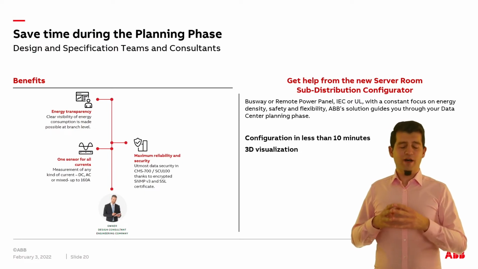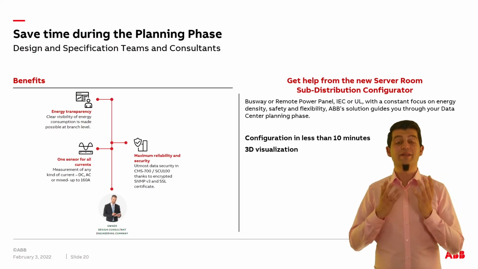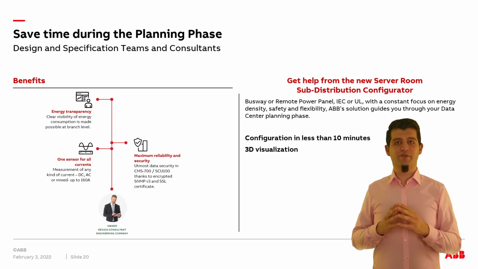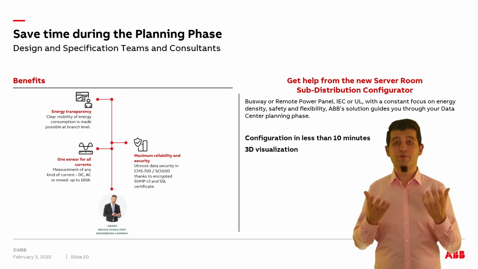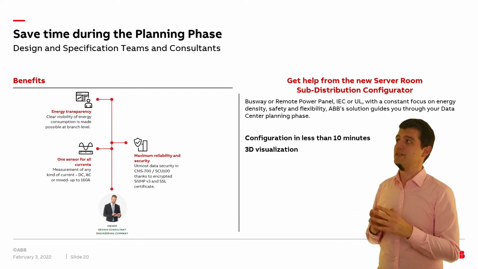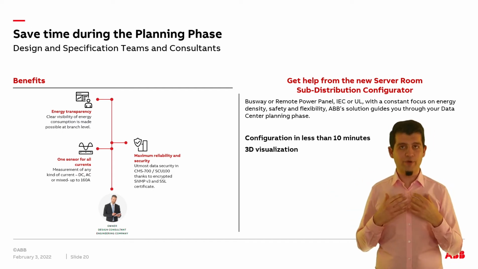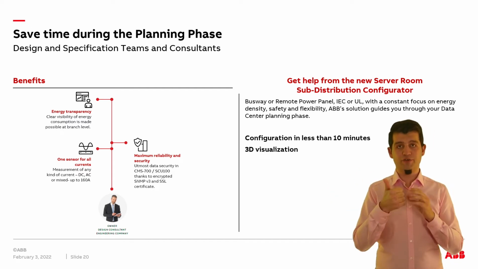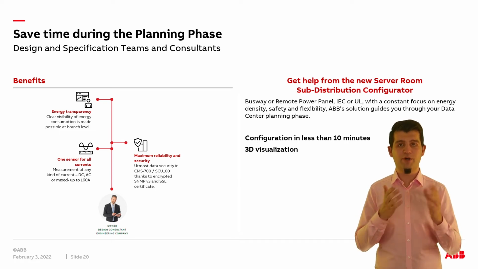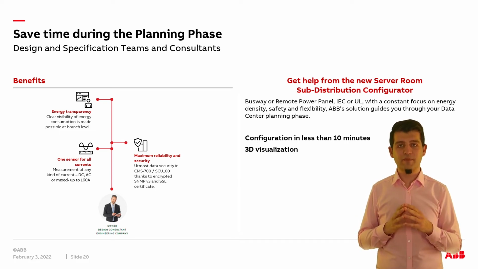And now let me summarize the benefits of all of these projects that we learned over the years. The most important ones that design specification teams and consultants value from our point of view is the energy transparency, so clear visibility of energy consumption made possible at branch level.